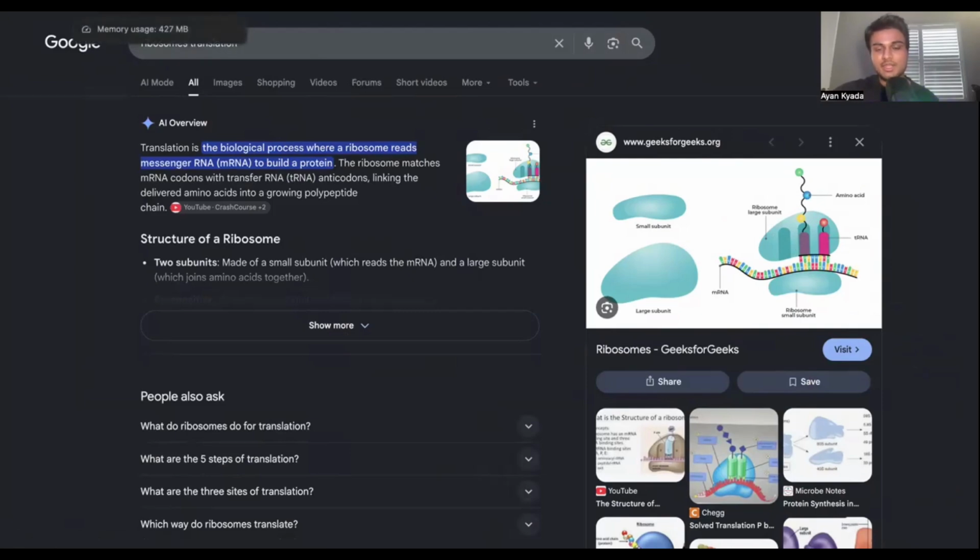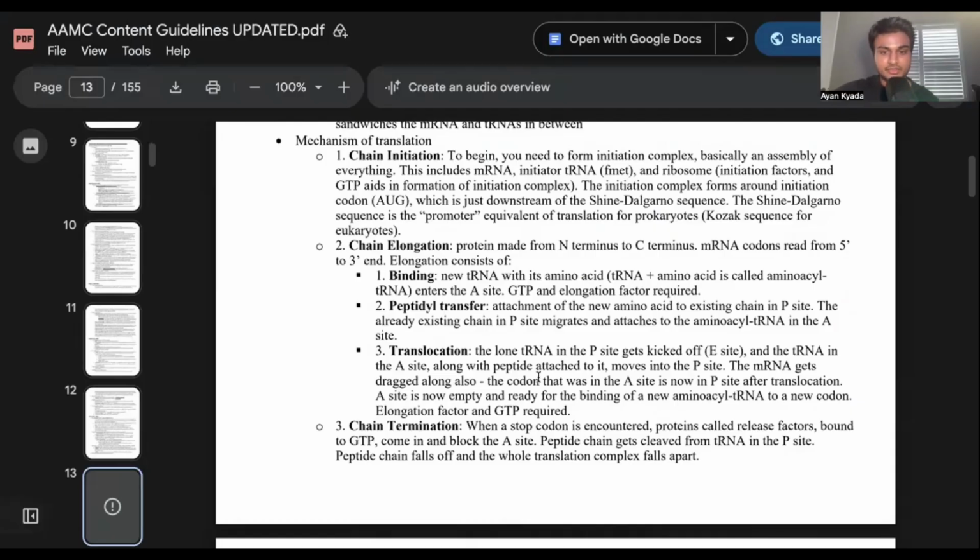That's going to basically wrap up this process of polypeptide synthesis. So essentially, you find a stop codon, hydrolyze GTP to activate release factors. Release factors are going to cleave the peptide chain, and they're going to exit through the E site.